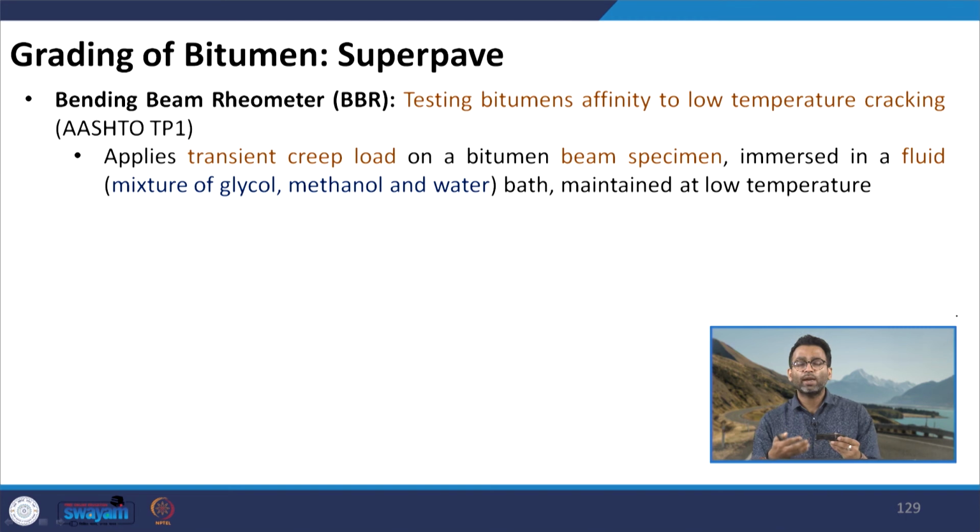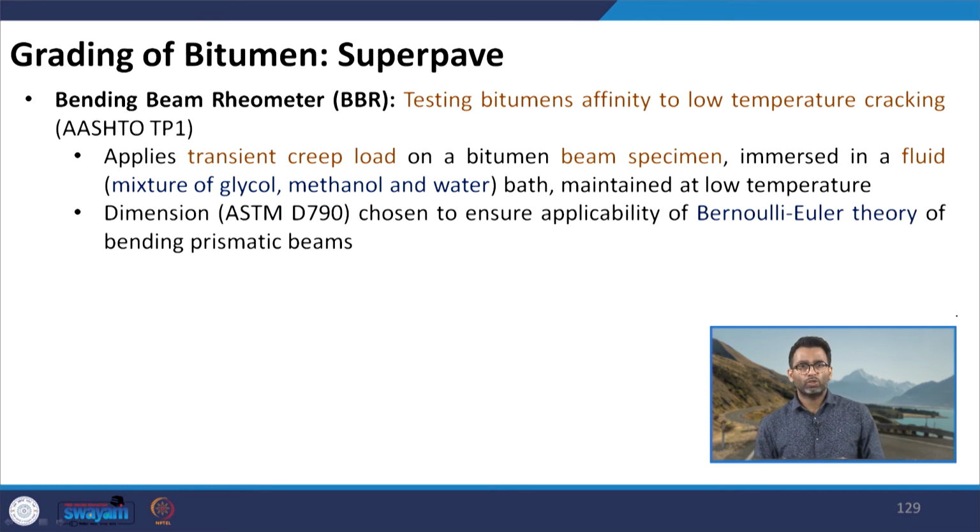Since we are trying to do the test at a very low temperature, a water bath cannot be used. So we use a mixture of chemicals such as glycol, methanol and water. We make this fluid ready, set the temperature at which we are interested to do the test, and put this beam specimen inside the bath, where it is maintained at that particular low temperature.